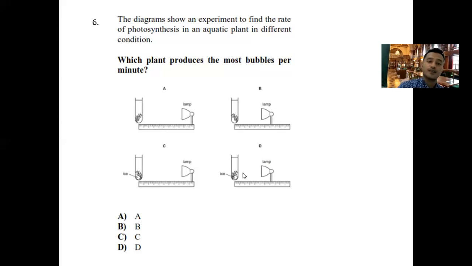It only occurs well in B, because there is normal water, and they can do good photosynthesis here. So the best answer is B, not A, C, or D. All right, I hope you understand this diagram.